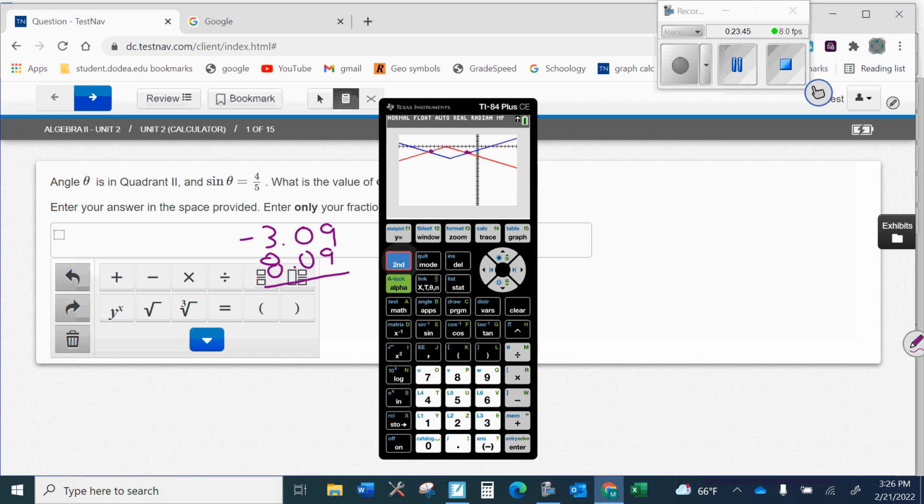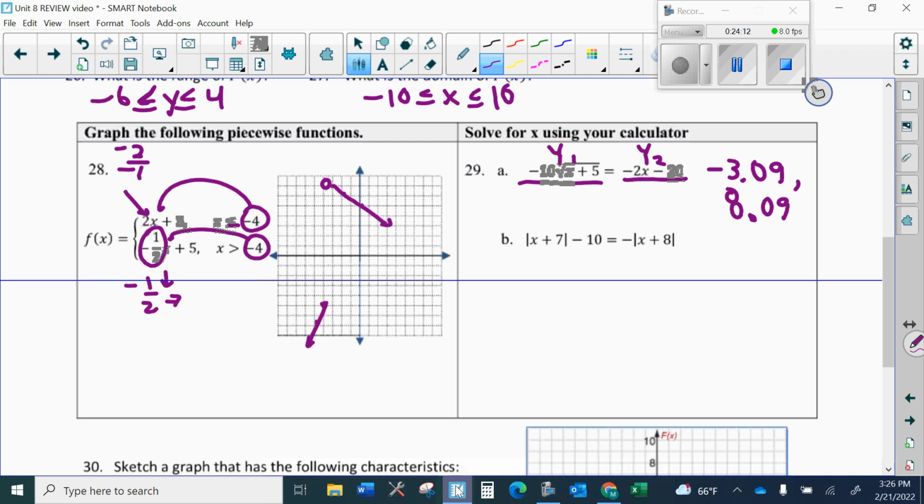So I do my second calc 5, intersection 1, 2, 3, jumps to the closest one right there, negative 2.5. And then do second calc again, number 5, enter, enter. This time I guess, move it closer to the other one, then hit enter, negative 12.5. So there's my two answers right there, negative 2.5 and negative 12.5.